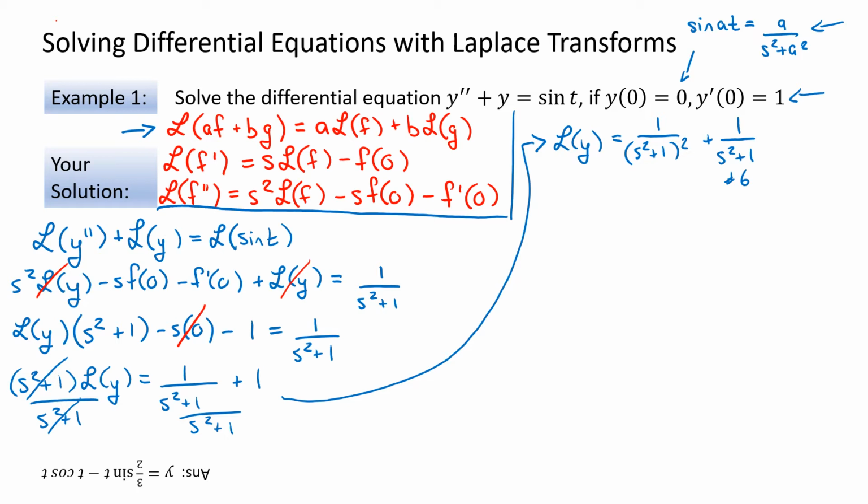Number 6 is a divided by s squared plus a squared. So a is 1 in this case. So we know for this one, it must be sine of at.